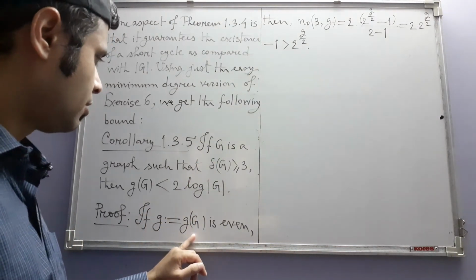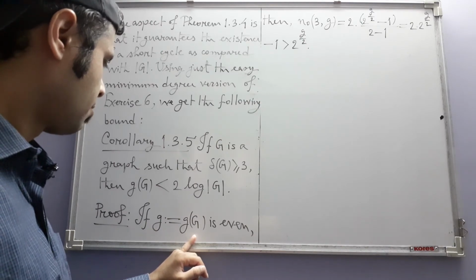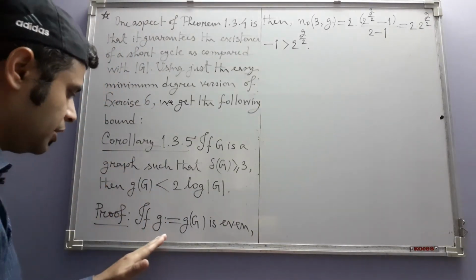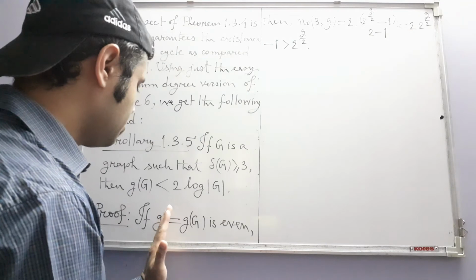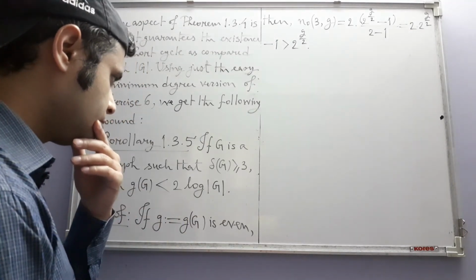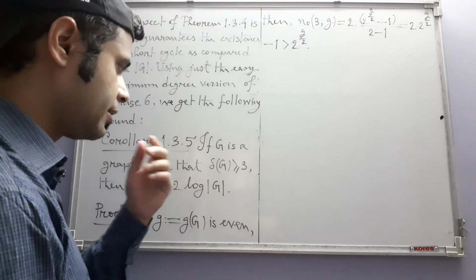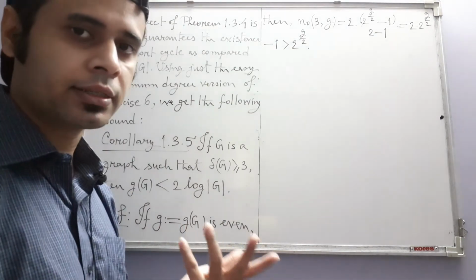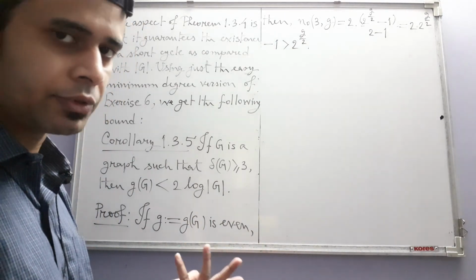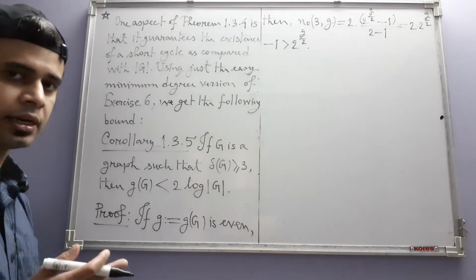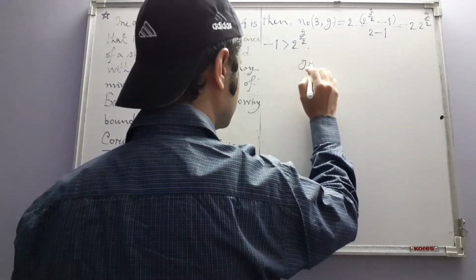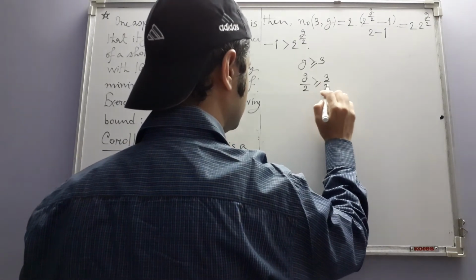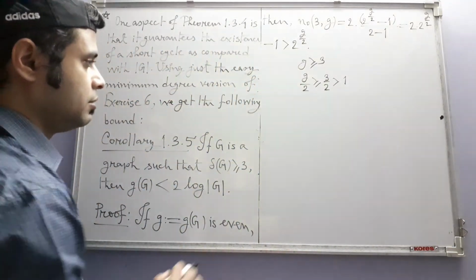The minimum value of g, do we have any bound for the minimum value of this girth? Because delta of G is greater than or equal to 3, girth, of course, is greater than or equal to 3 because it's the length of a cycle after all. No, it cannot be smaller than 3. So since g is greater than or equal to 3, g by 2 is greater than 1.